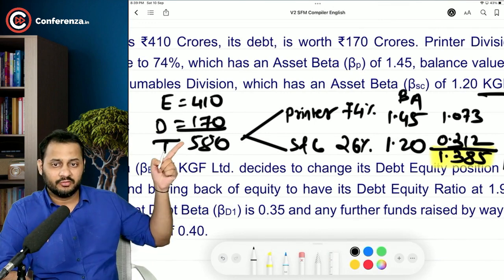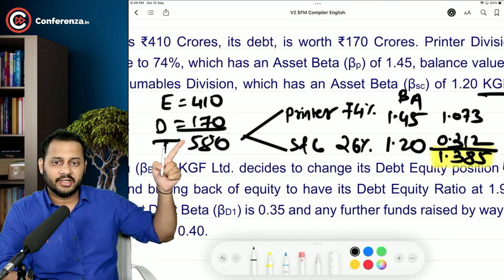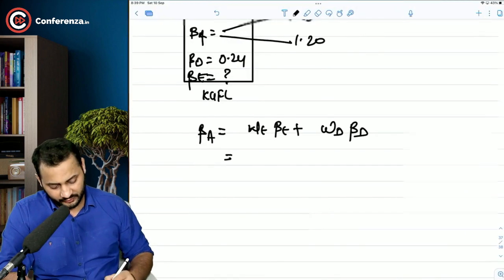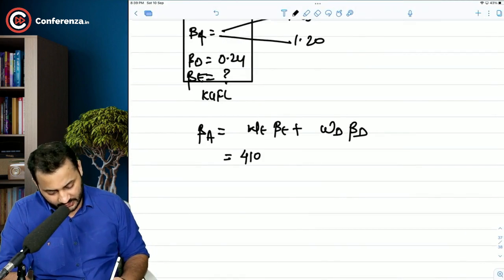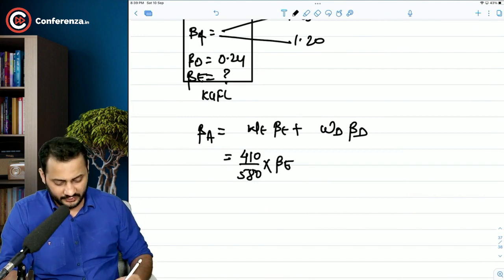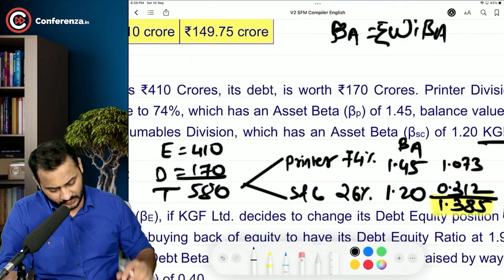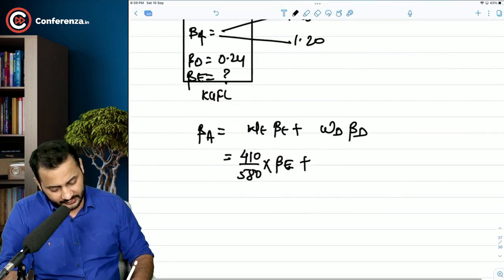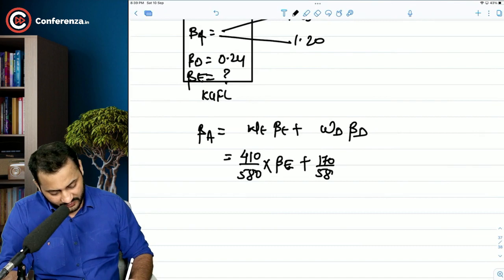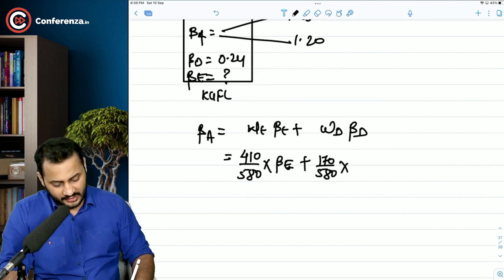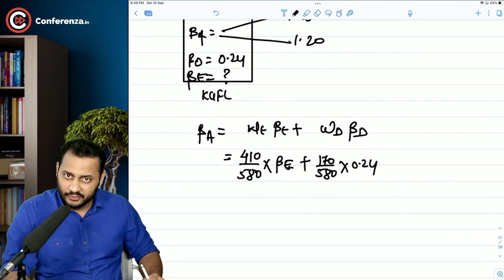We have the total 580. 410 by 580 will be the weight of equity. We have to calculate the equity beta plus 170 of the debt by 580 is the weight of debt, and now the beta of debt is 0.24.